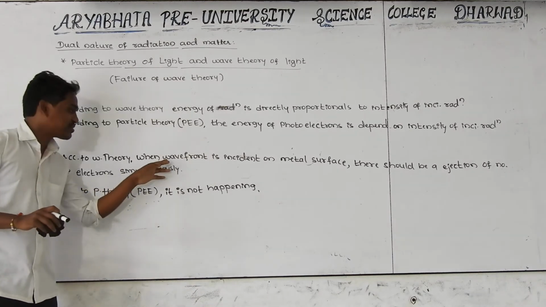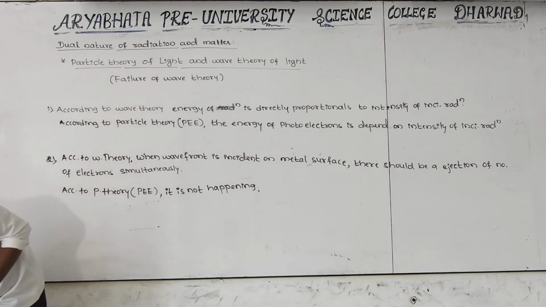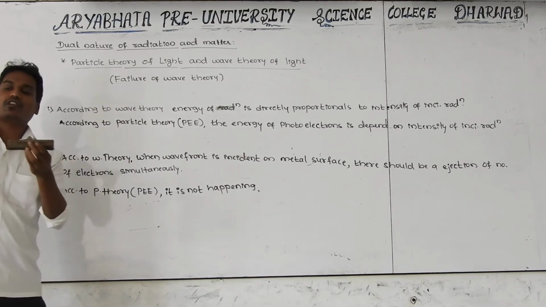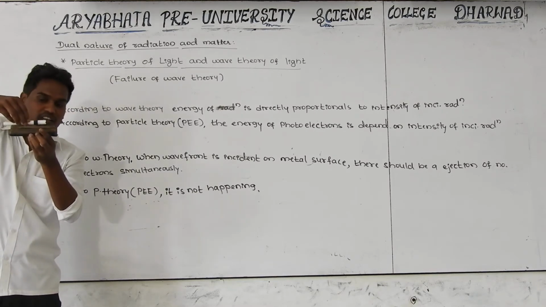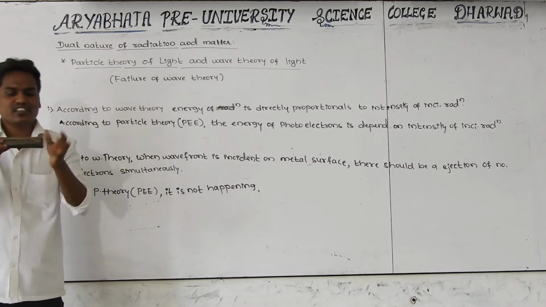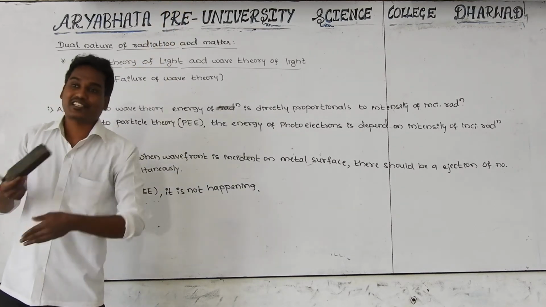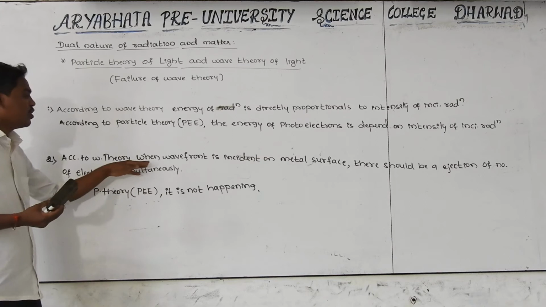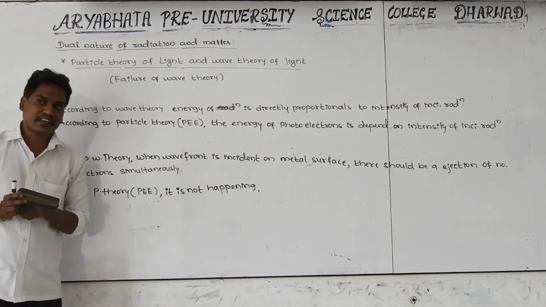This is explained by which theory? The wave theory of light. Let us consider it is a metal. Whenever the beam of radiation hits the metal surface, suddenly a number of electrons are ejected. This is the reason given by the wave theory of light.